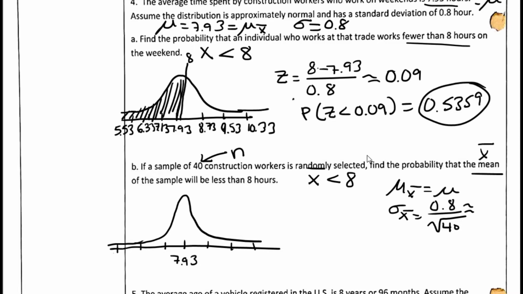So let's calculate that number real quick. 0.8 divided by... okay, so we get 0.12, so about 0.13. So we're going to add 0.193 to 7.93.